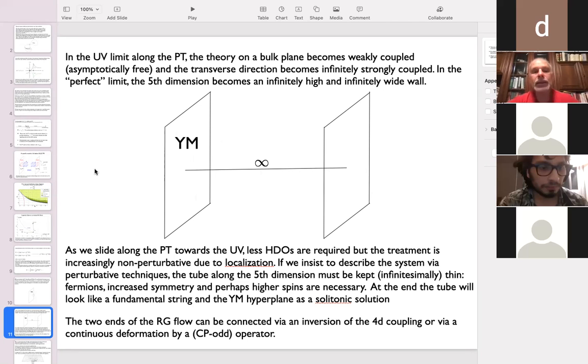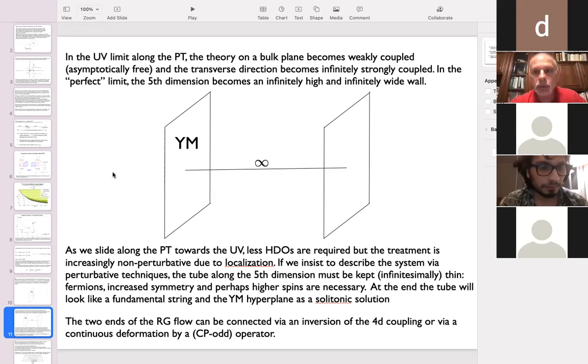So what does that mean? It means that if you think about the effect of the strong coupling forming flux tubes along the extra dimension, these flux tubes become more and more stiff. And not only that, but also we know that as a flux tube becomes elongated, it becomes broader and broader.